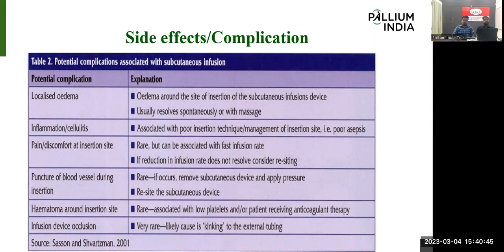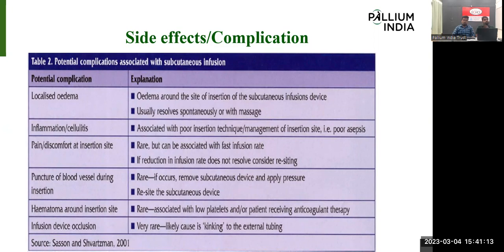Then if the patient reports any pain, discomfort or irritation at the insertion site or the region above it, it is rare, but if the rate is not maintained at 1 ml per minute or 20 drops per minute, it will cause pain and discomfort. So we need to check the rate and the volume.